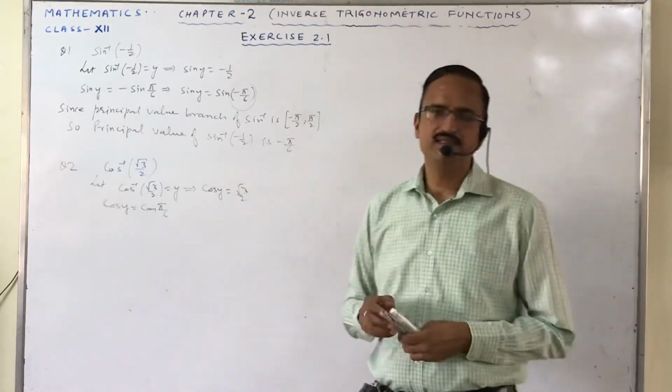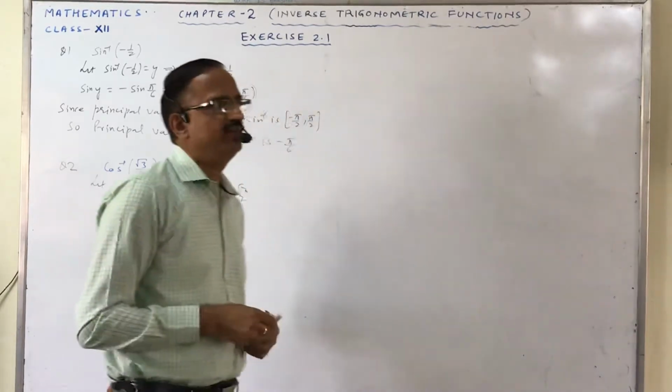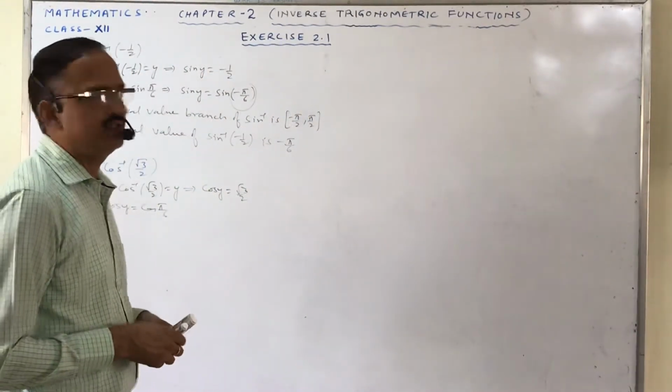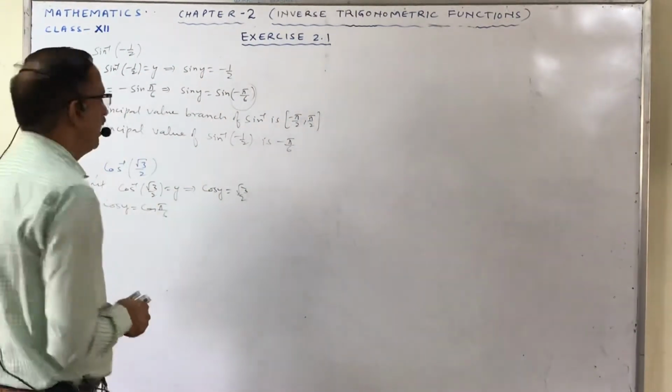value that lies in the principal value branch of cos inverse, that is 0 to pi.